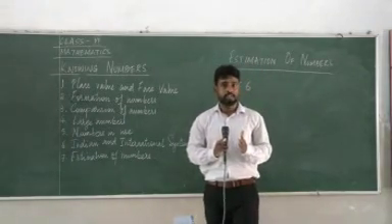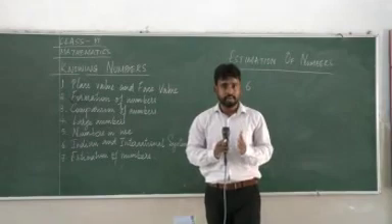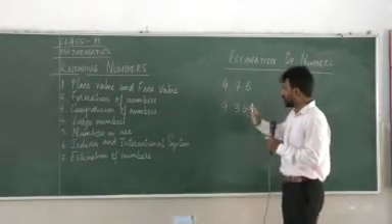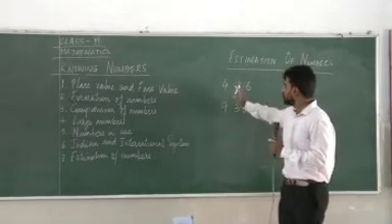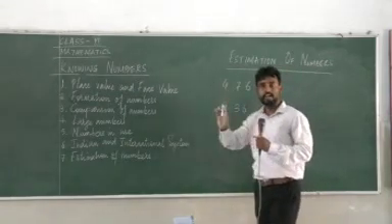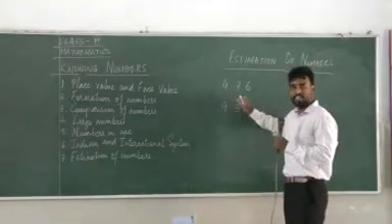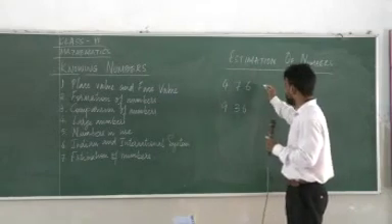Remember this process. So here, for example, if I tell you to round off these two numbers to the nearest 100, first of all you will estimate these two numbers to the nearest 100. Let us estimate it.